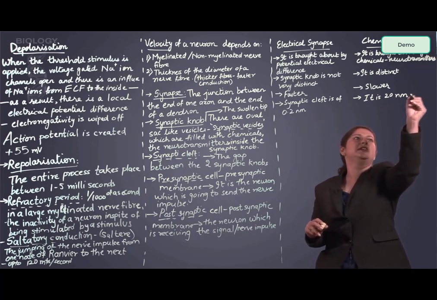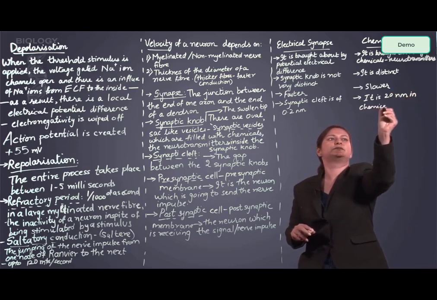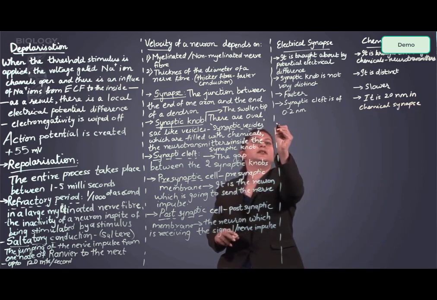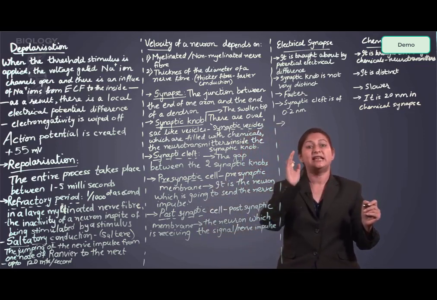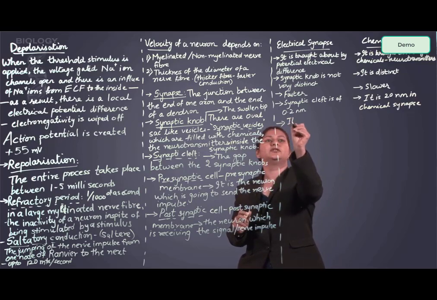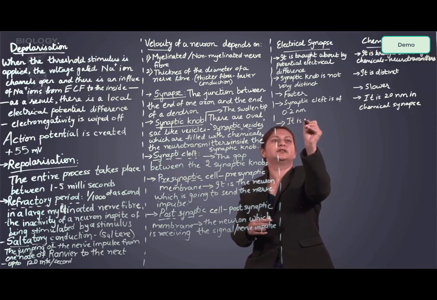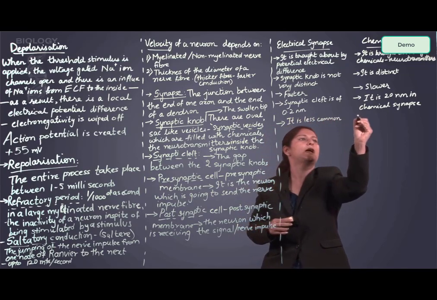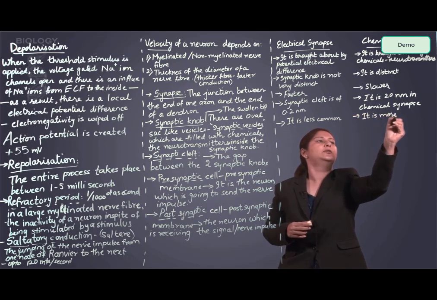So it is 20 nm in the chemical synapse. Then the last point is that the electrical synapse is less common, not very commonly seen in the human body, and the chemical synapse is more common.